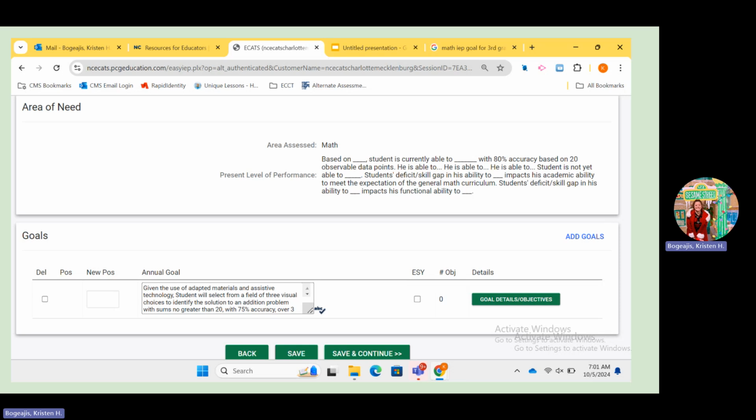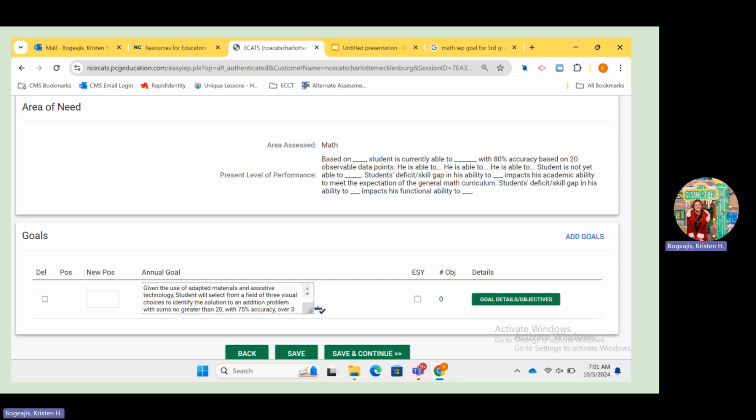He is able to point to identify a group of objects that are less than or greater than. Just think about the things that he can do. Those are his present levels. There's really no restriction on that, but when you do an "able to," make sure you're including a data point, a percentage, and how many data points that's based off of. We don't want to just be putting rogue skills in with no data to back it up.